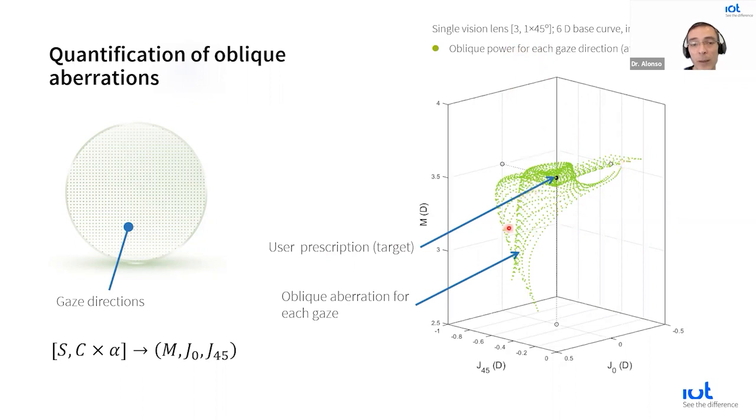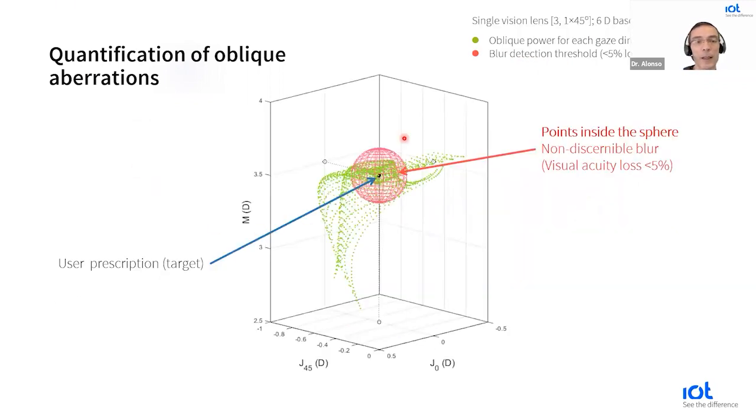All the green points around it represent oblique aberrations. There is a threshold of 0.18 diopters determining whether the oblique aberration is noticeable or not. This threshold is represented in the dioptric space with this sphere with a radius of 0.18 diopters, and any point inside it won't produce any discernible blur.